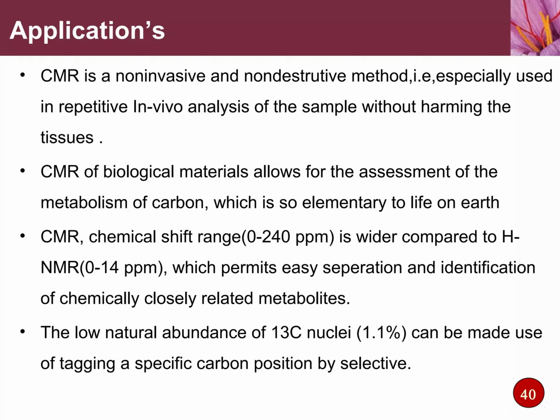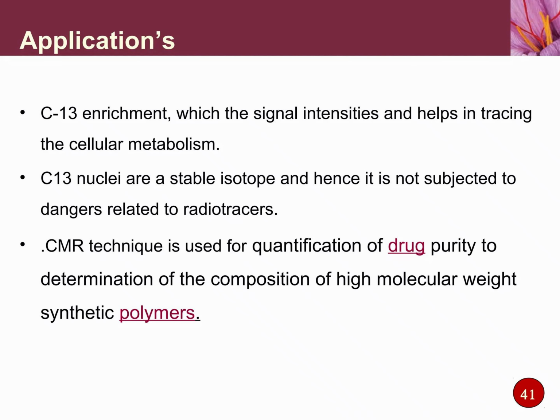The low natural abundance of carbon nuclei can be made use of by tagging a specific carbon position by selection. Then carbon enrichment raises the signal intensities and helps in tracing cellular metabolism.